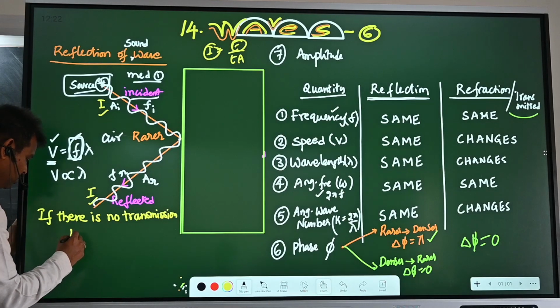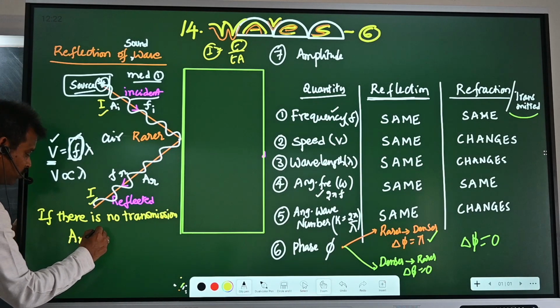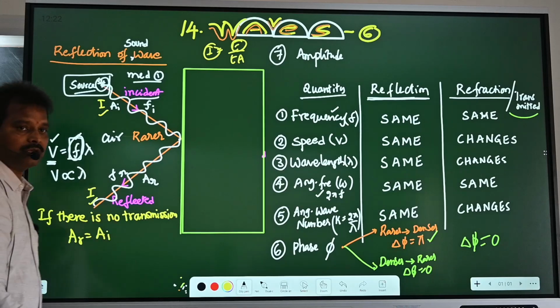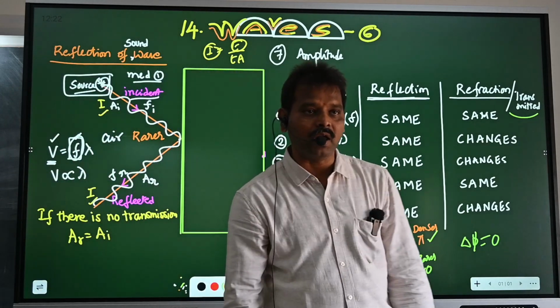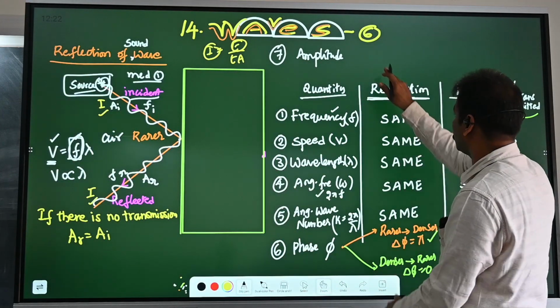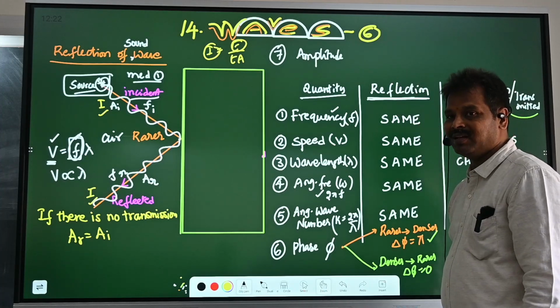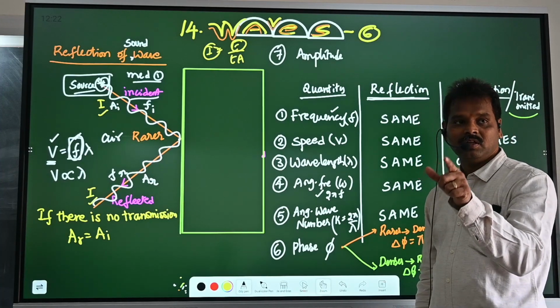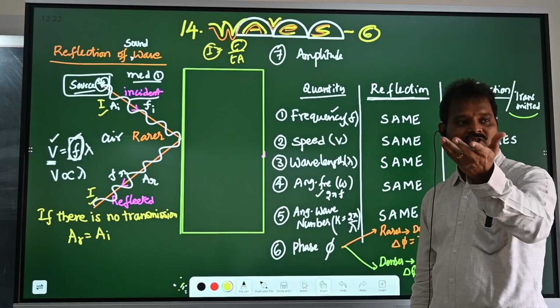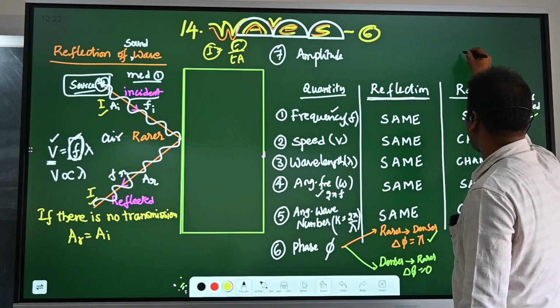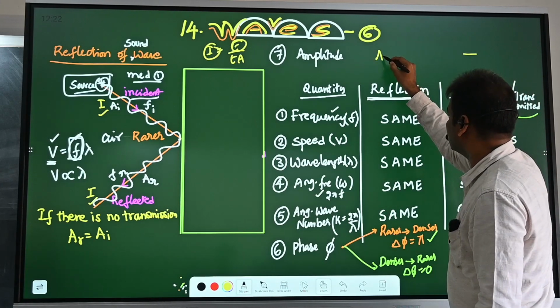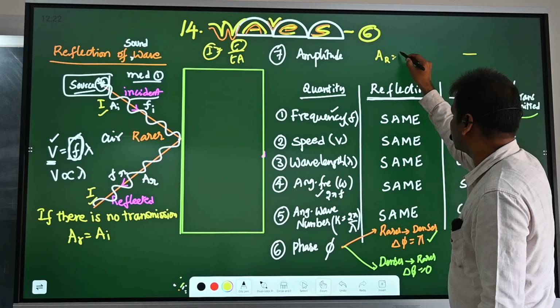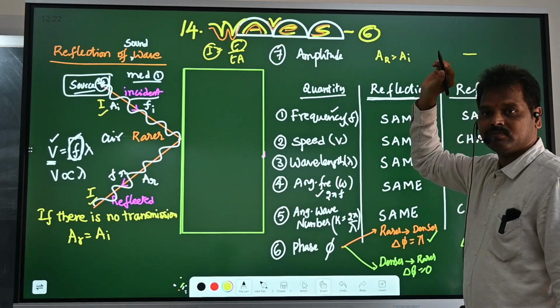So A reflected is equal to A incident, correct? So there is no change. The amplitude won't change, but it is under one condition: no transmission. A reflected is equal to A incident.